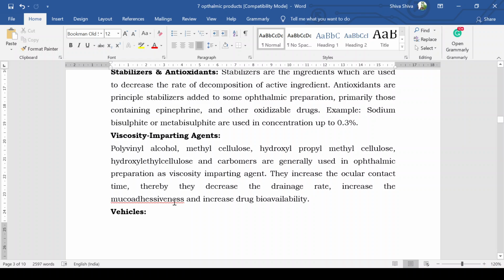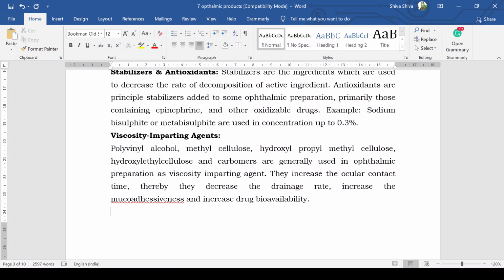Then next is viscosity imparting agents. So obviously to increase the viscosity of your preparation, viscosity imparting agents are used. Some of the viscosity imparting agents are polyvinyl alcohol, methyl cellulose, hydroxypropyl methyl cellulose, also known as HPMC, hydroxyethyl cellulose and carbomers, which are generally used for increasing the viscosity of ophthalmic preparations. They increase the ocular contact time.